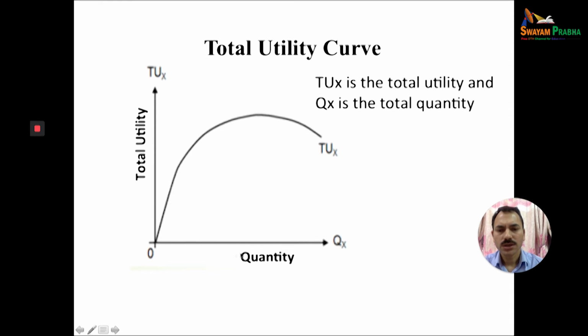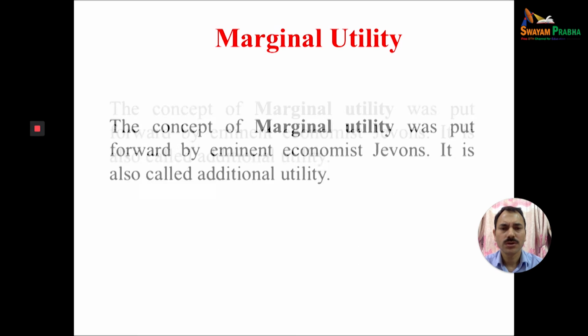So the total utility will increase with the increase of quantity consumed by a person, but up to a certain limit, and after that it may start decreasing. But total utility cannot be negative, it cannot be zero, whereas, as we'll discuss, in case of marginal utility, it can be negative, it can be zero.